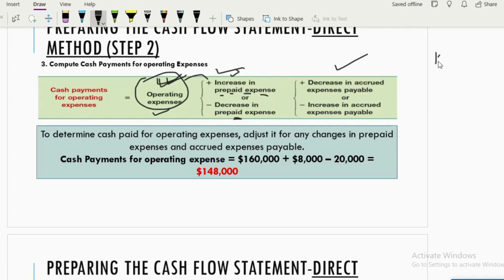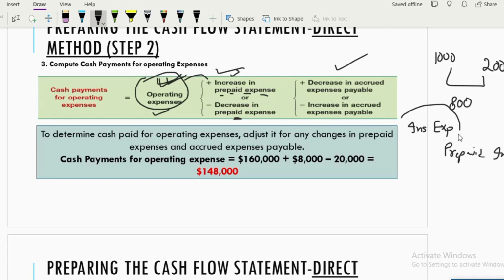Let's suppose last year it was 1000, now current year it is 200. So there is a decrease, 800. So what is the journal entry? Insurance expense debit and prepaid insurance credit, right? It means that in the operating expenses I have one expense which is the result of adjustment. I did not pay any cash for it, so that's why decrease in prepaid expenses, we minus it.